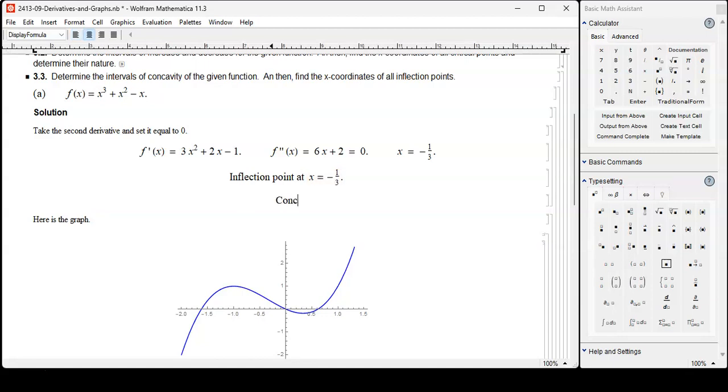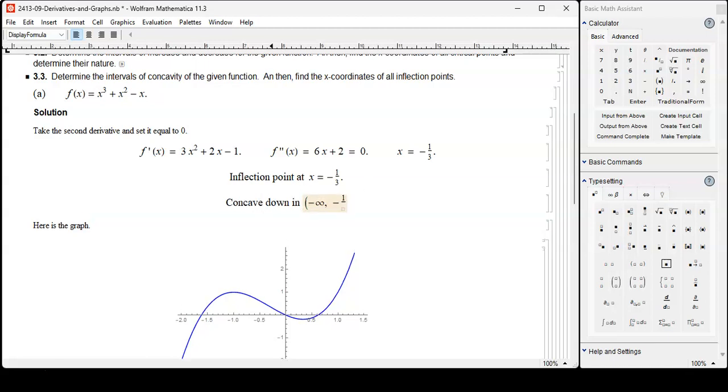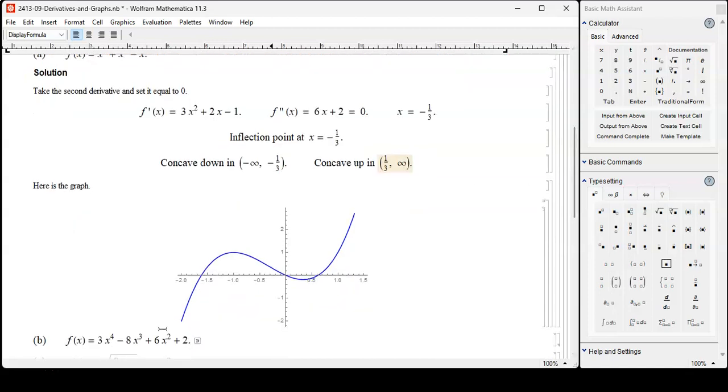And then negative infinity to negative 1/3, concave down, concave up, and negative 1/3 to infinity. So concave down up to here and concave up from there.